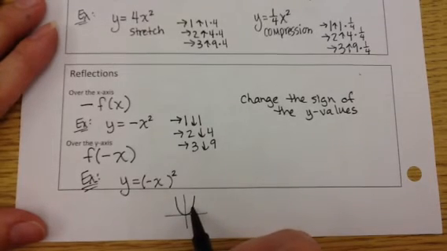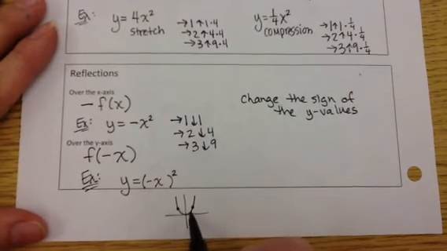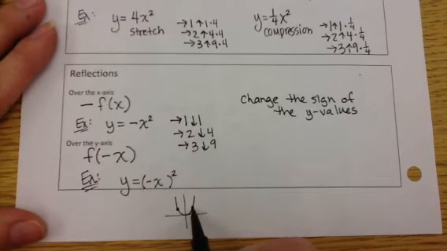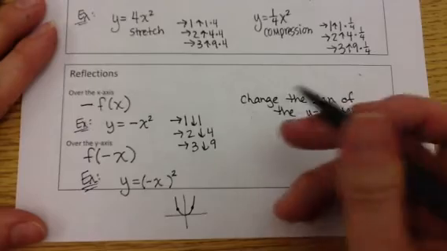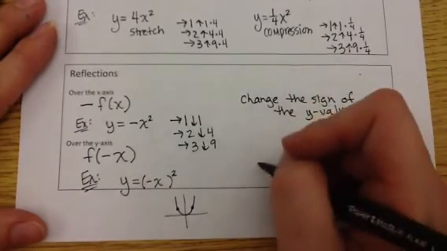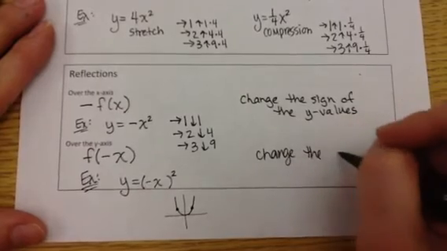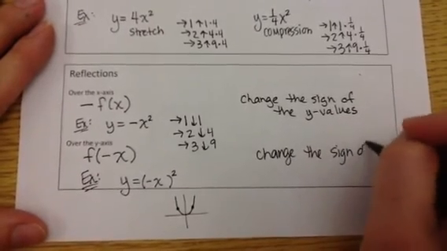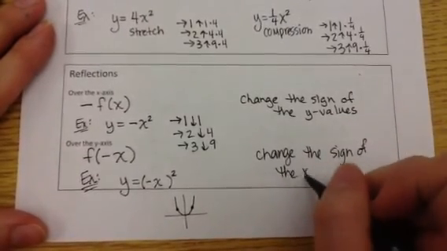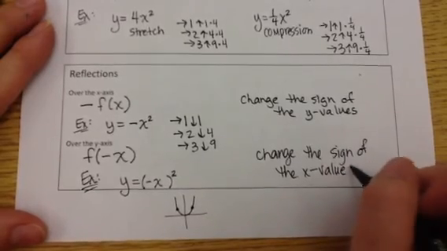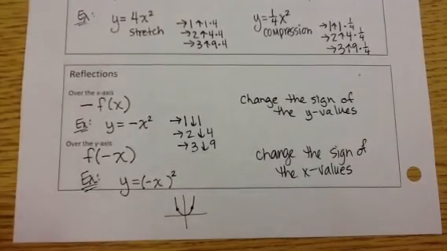So I'm going to switch my x values, but when I switch 2, 4 with negative 2, 4, they just end up right on top of each other. So that one doesn't show a big difference, but in general what you would do is change the sign of the x values. So you will see some of these making a difference in our other graphs.